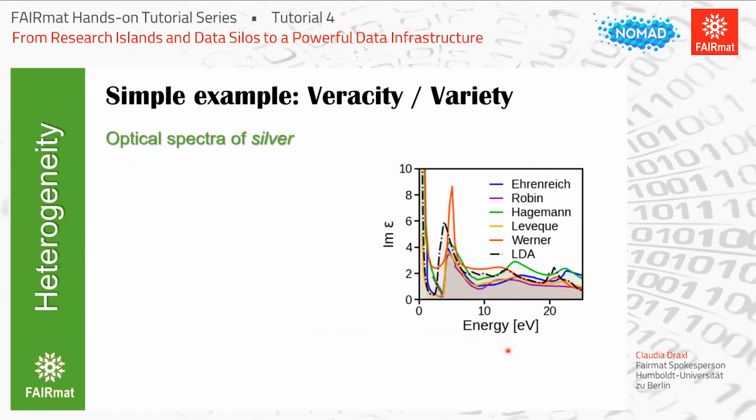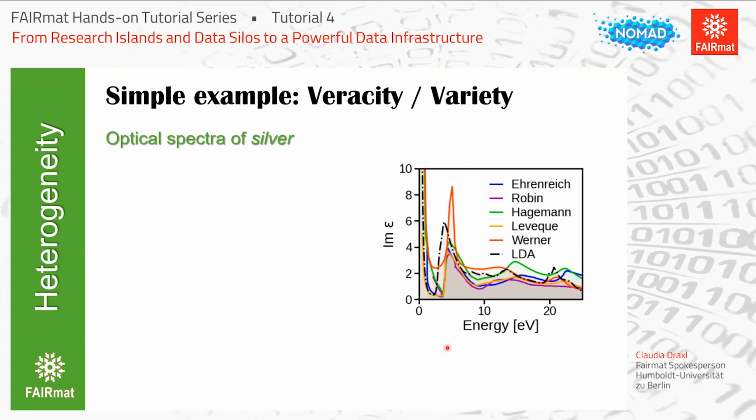And here I would like to briefly address the challenge of heterogeneity of data, in particular variety and veracity. These are two of the 4V of big data. What you see on the right here are the optical spectra of silver, right? In the best possible world, you would argue they all should be completely identical, because silver is a noble metal, a very nice material, a very simple material, just an elemental solid.